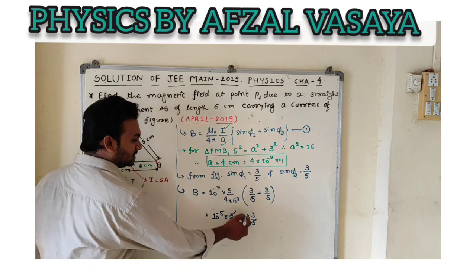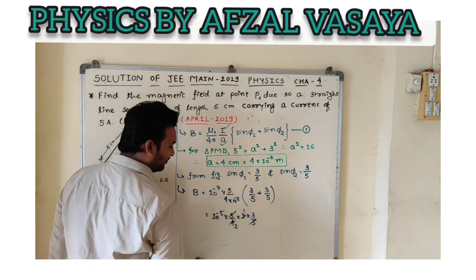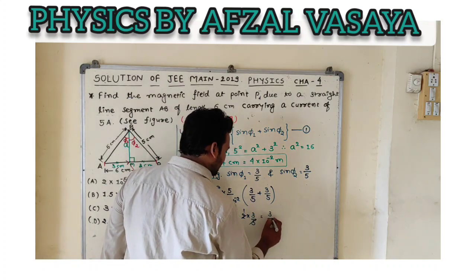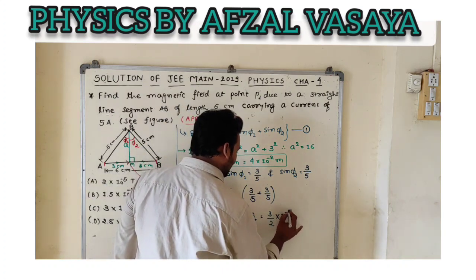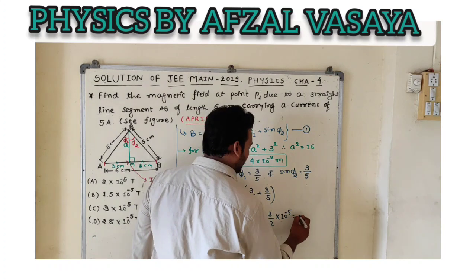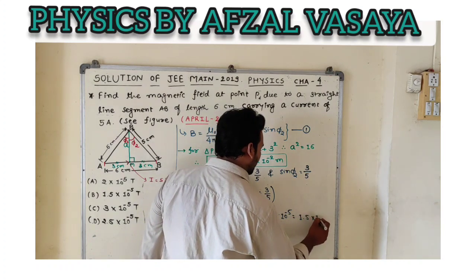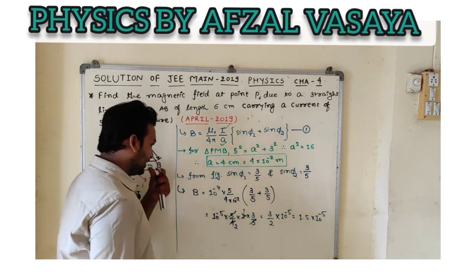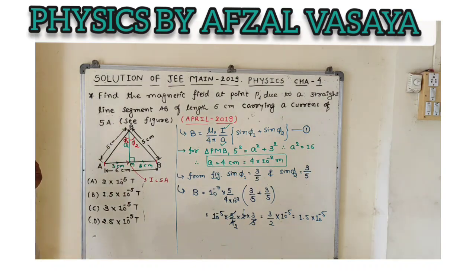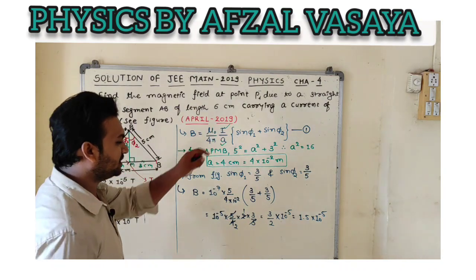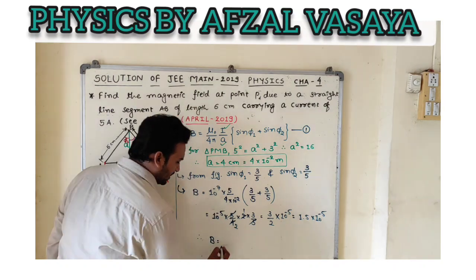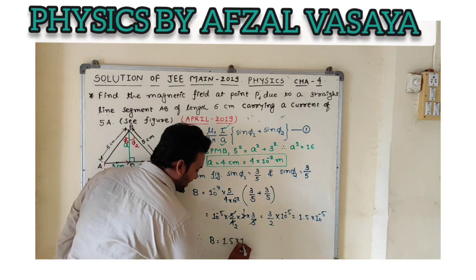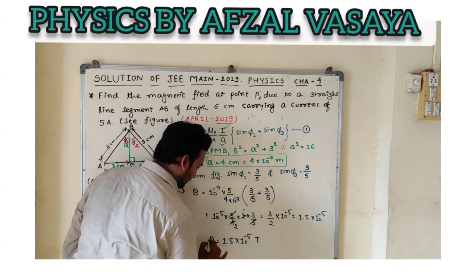The 5s will cancel out, 2 ones are 2, 2 twos are 4, so the answer will be 3 by 2 into 10 to the power minus 5, and 3 by 2 is 1.5 into 10 to the power minus 5. What we have found here is the magnetic field. The unit of magnetic field is Tesla, so our answer is 1.5 into 10 to the power minus 5 Tesla.